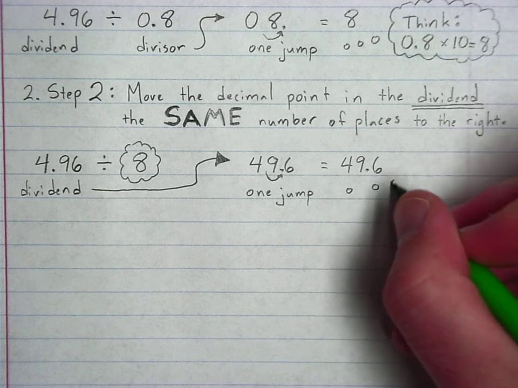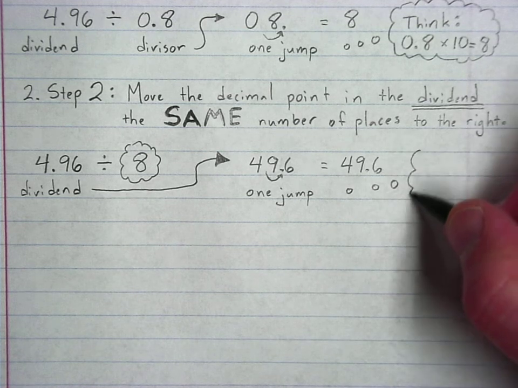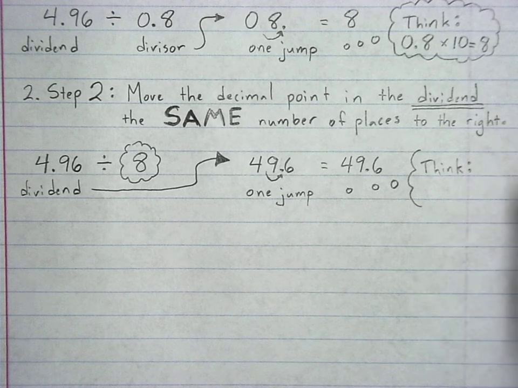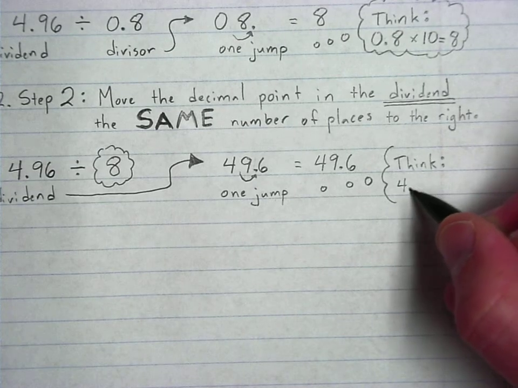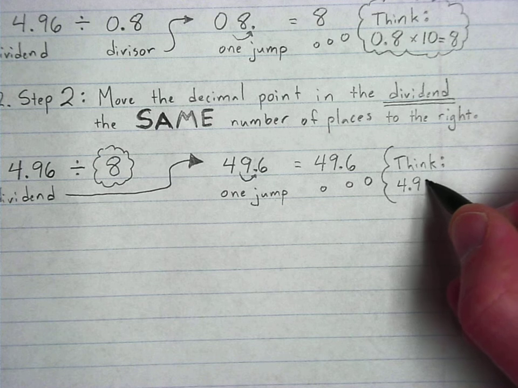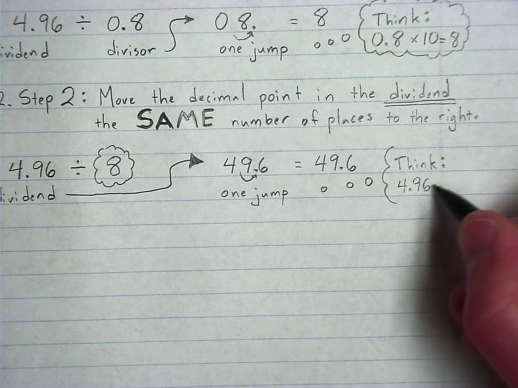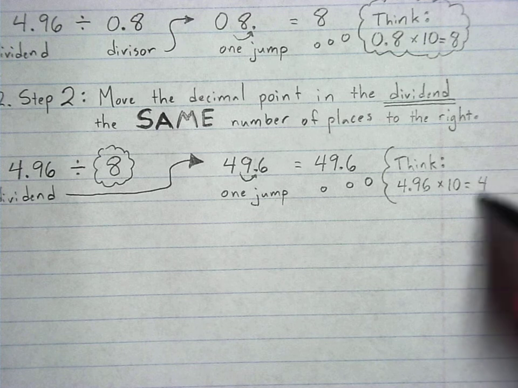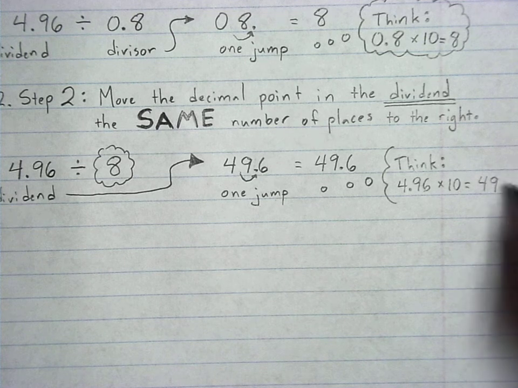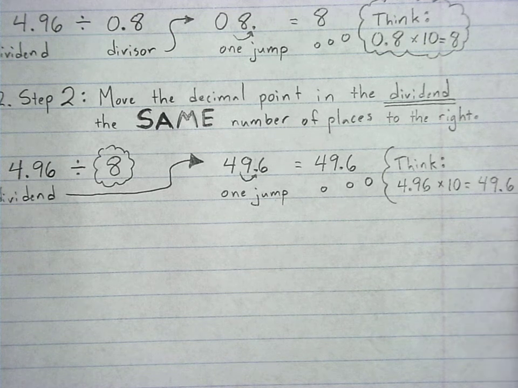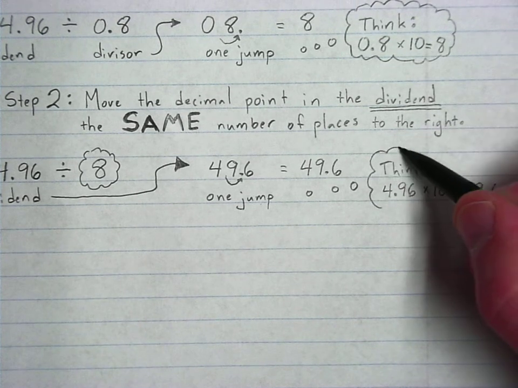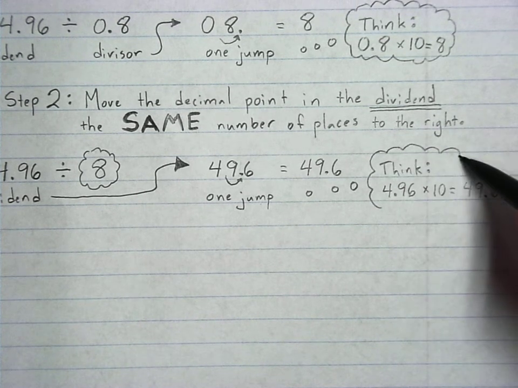Just like before, you want to think 4 and 96/100ths times 10 equals 49 6/10.